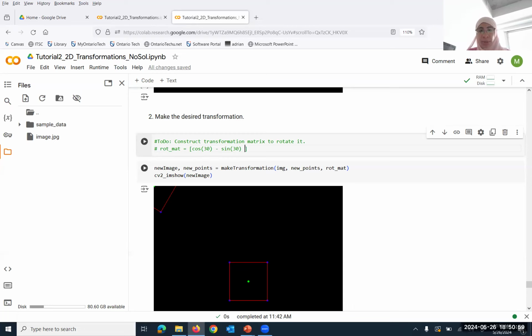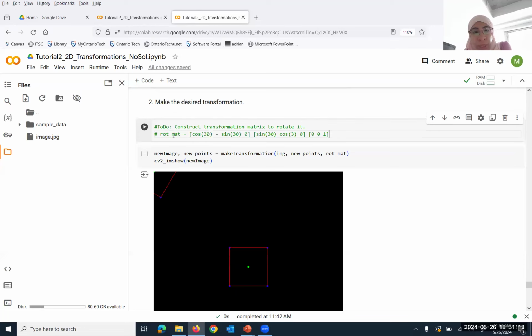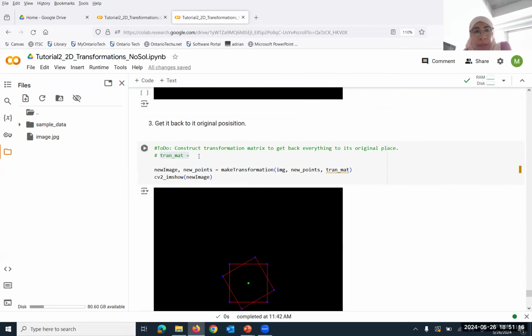You get used to it once you work more with transformations. So this will be the rotation matrix. And then you need to translate it back. This will be the same, but instead of negative 250, we're going to have 250.